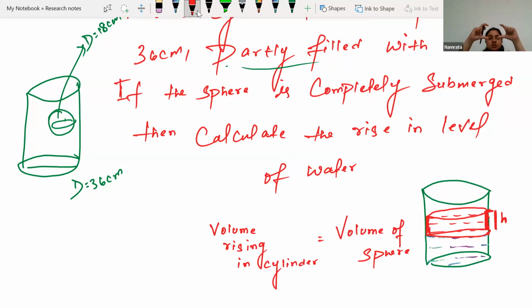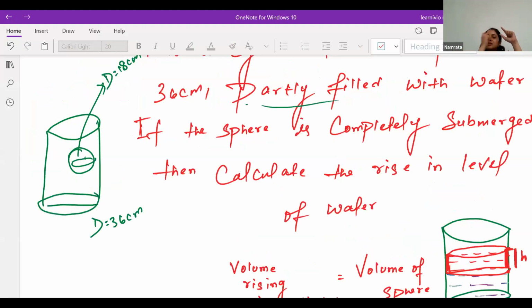That is also a cylinder only. That's why we are saying that the volume of this much water level which is rising, this teeny tiny red cylinder which I have drawn on the screen, is equal to the volume of the sphere, and that volume will follow the same cylindrical volume formula.